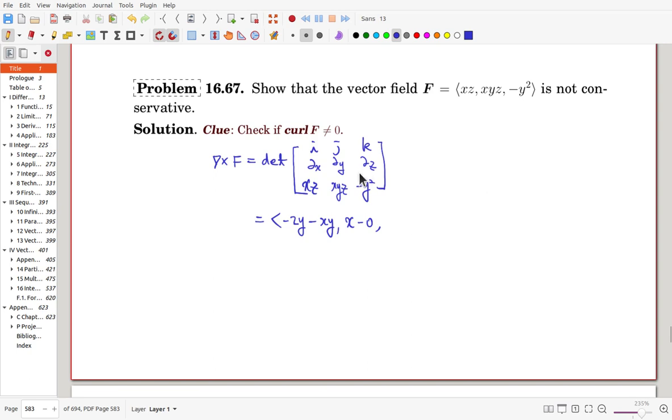And finally, for k, the minor is that one, and we have the x derivative, which is yz, and then minus that one, which is 0 again. But anyway, these are non-zero. The curl is non-zero, so the vector field cannot be conservative. That's it.